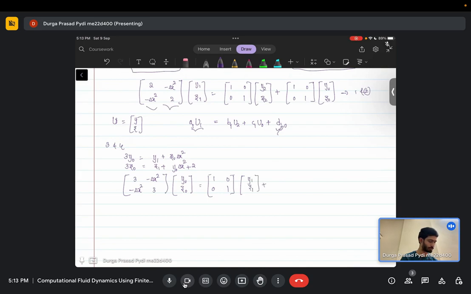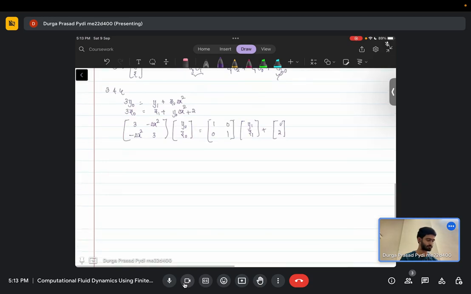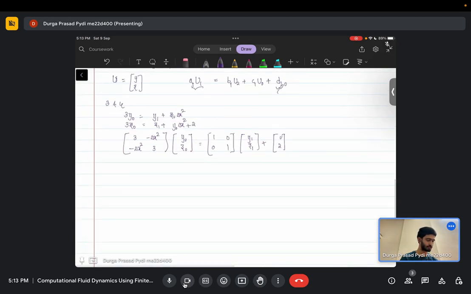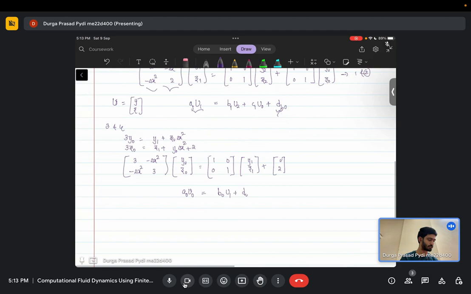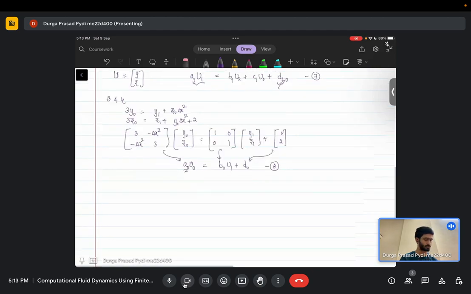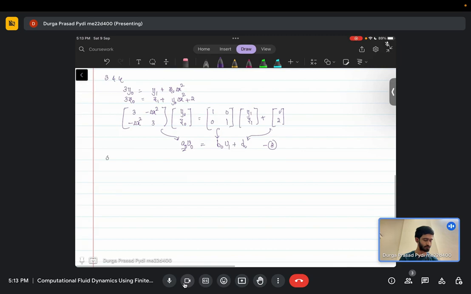But in addition to the previous one, now we also have 0 and 2 here. So here we have something like a0 u0 equals b0 u1 plus d0. This is equation number 7, this is 8, where a0 is this matrix, b0 is this matrix, and d0 is the corresponding matrices. Similarly we can do it for the last set of equations 5 and 6.